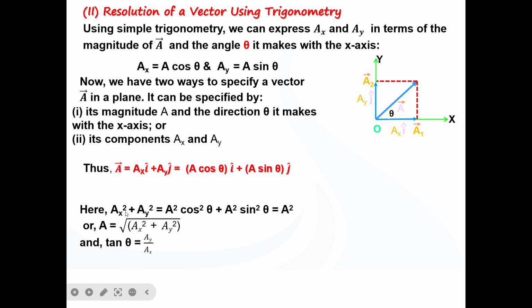Here, Ax square plus Ay square equals A square cos square theta plus A square sin square theta, equal to A square. So the magnitude of vector A equals root under Ax square plus Ay square, and tan theta equals Ay divided by Ax.